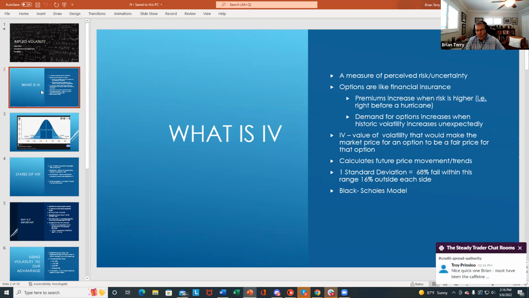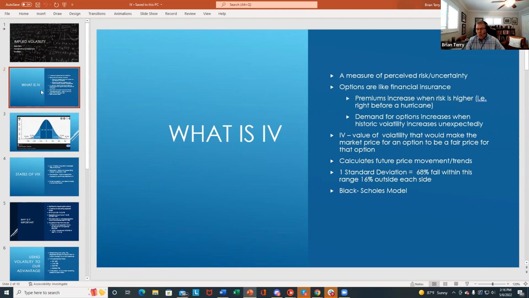That's a pretty interesting feature of what IV can do. And 1 standard deviation move is 68%. It means that 68% of the time it's going to fall within that 1 standard deviation move.